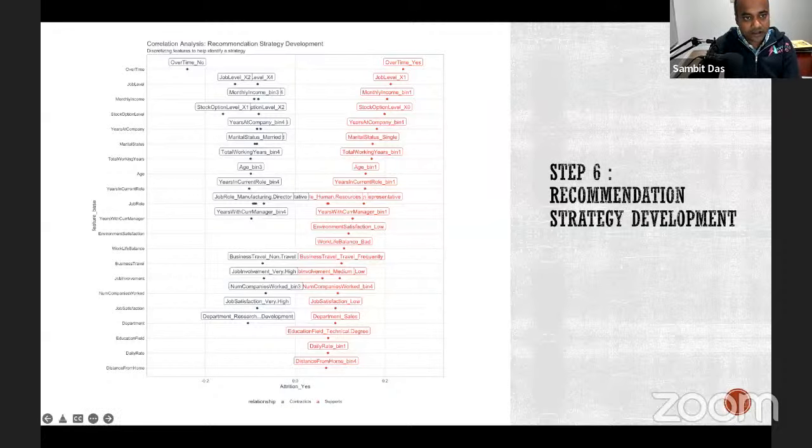So this is where even though the red variables are ranked and we see that these are the factors that support attrition, we also have these factors where you know that if someone is married, then he or she is less likely to leave the organization, it looks like, based on the analysis here.